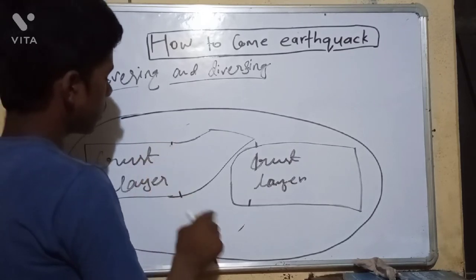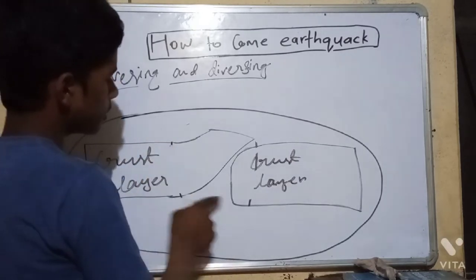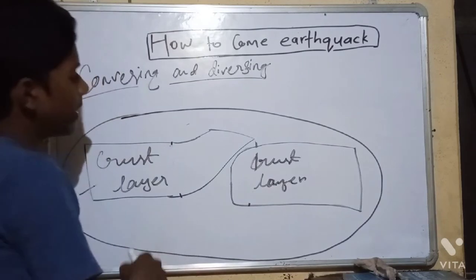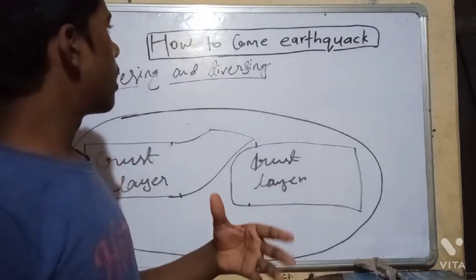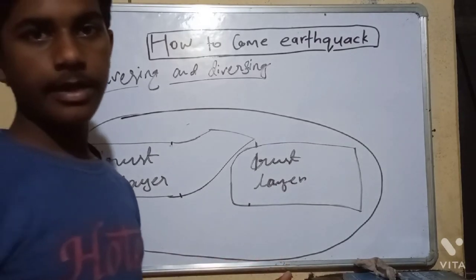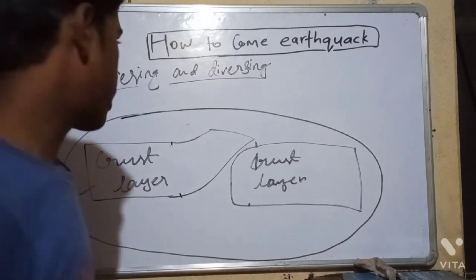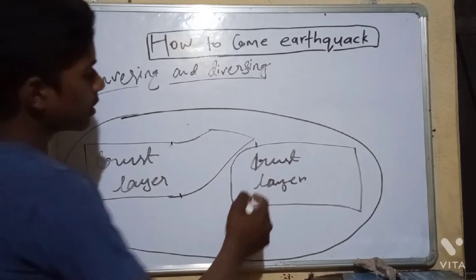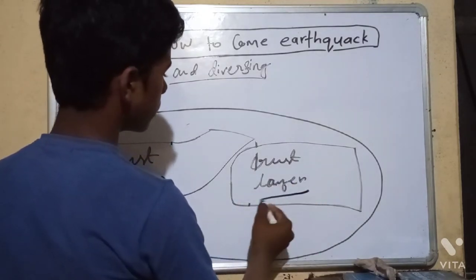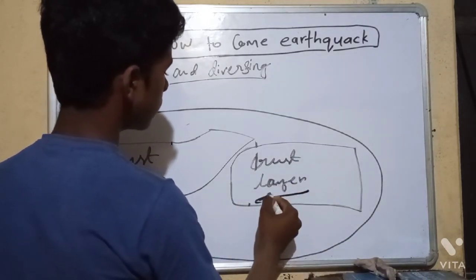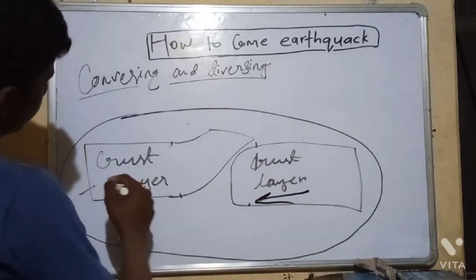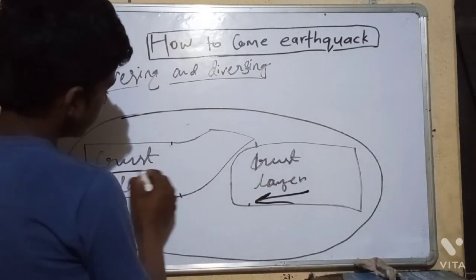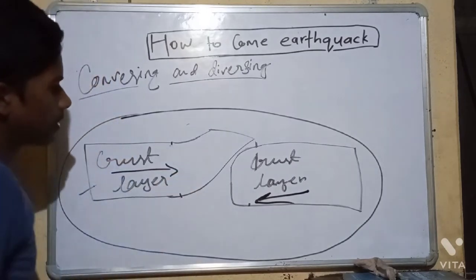They meet with heavy force, due to force applied by the mantle's warm material. The force is applied from right to left, and the other layer is pushed from left to right.